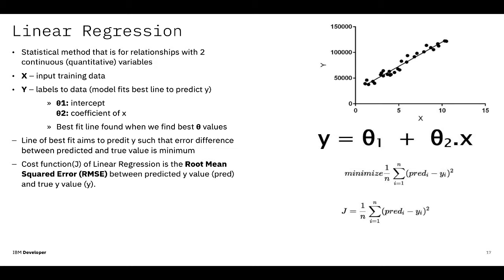So when we finally, at the end, use our model for prediction, we'll be predicting the value of y for the input value of x. By achieving this best fit line, the model will essentially try to predict y so that the error difference between predicted value and true value is minimum.